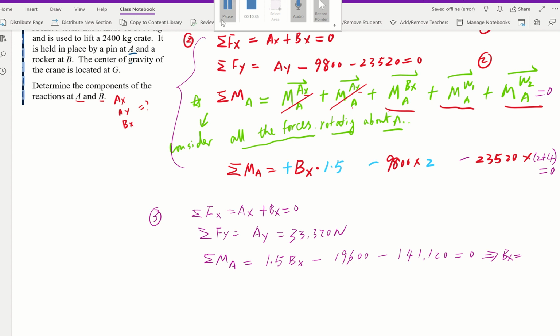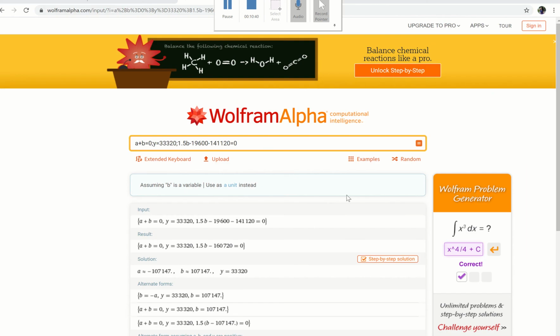So pause, try to get your answers. You can solve this by hand for this particular problem, but I also want you to be very comfortable using linear equation solvers, either a calculator or online Wolfram Alpha. Here I'm using the linear equations solver on Wolfram Alpha.